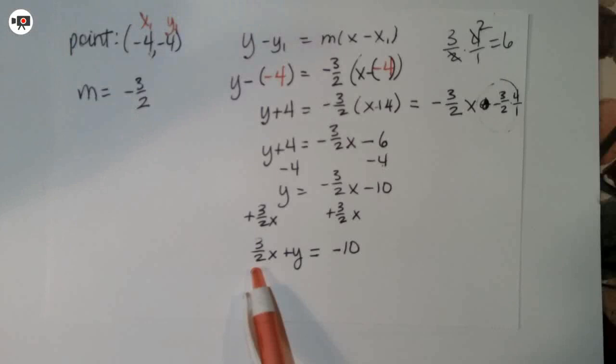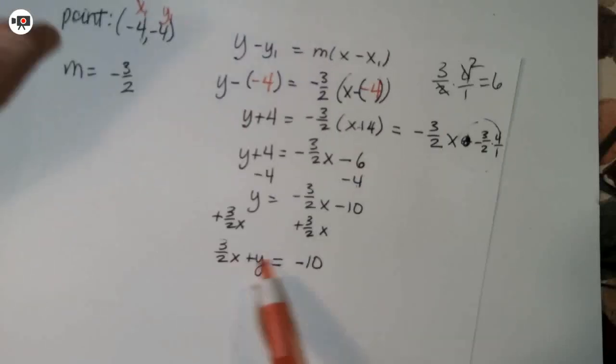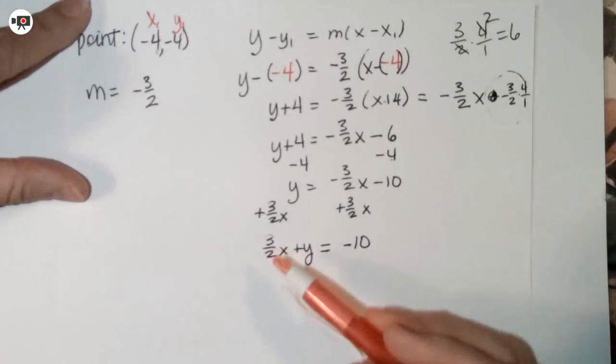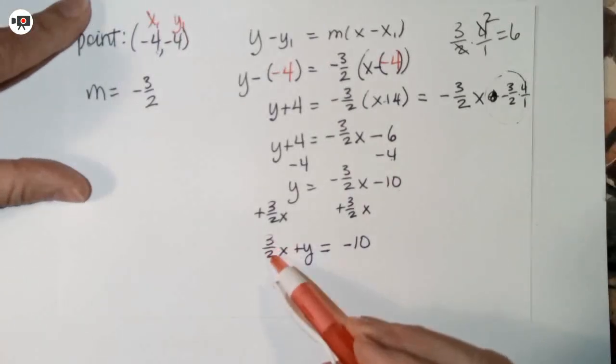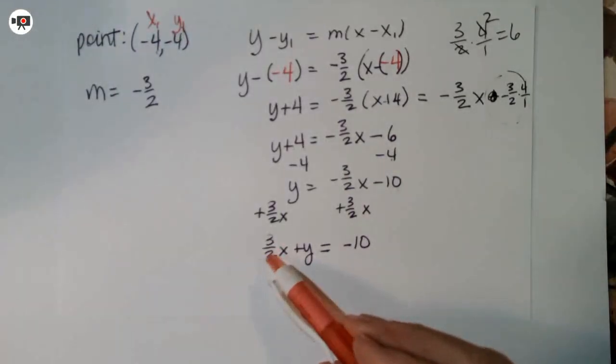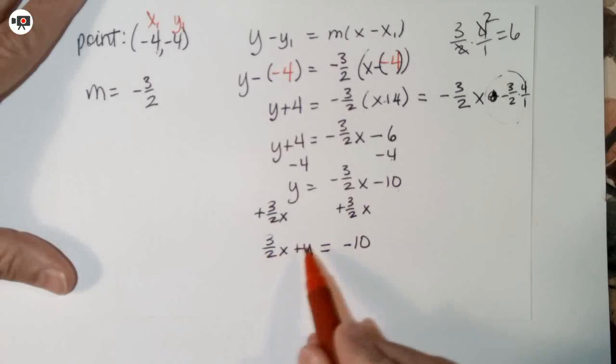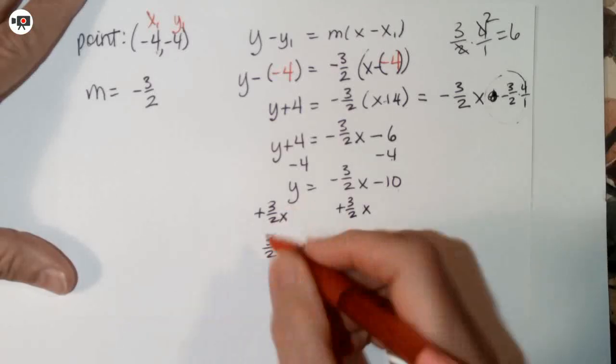I have a denominator here of 2. My wish is for that to be an integer. If I multiply 3/2 by 2, the 2's will cancel, and it will be an integer. To be allowed to do that, I must multiply every term by 2.